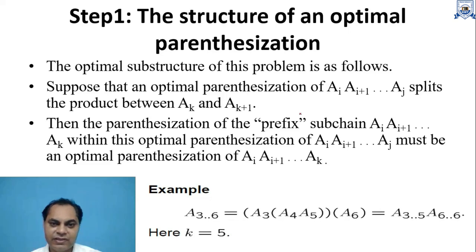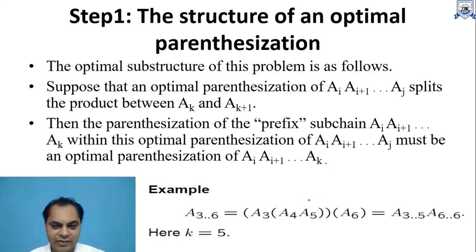The size of one chain is k and the size of another chain is j minus k. Then the parenthesization of the prefix subchain Ai to Ak, that means when we solve the subchain Ai to Ak, should be the optimal parenthesization for Ai to Ak.